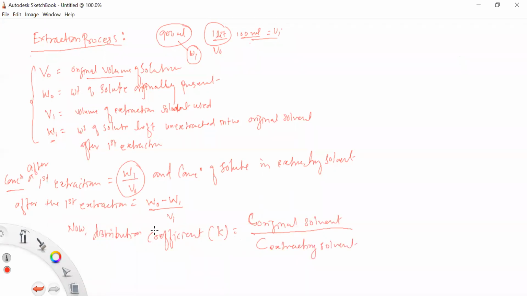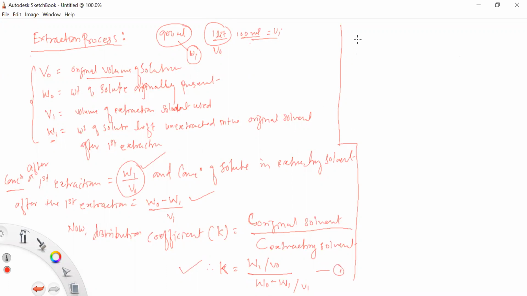The distribution coefficient is C1 upon C2, where C1 is the original solvent and C2 is the extracting solvent after the first extraction. So K is equal to W1 upon V0 divided by W0 minus W1 upon V1. This is your equation one.